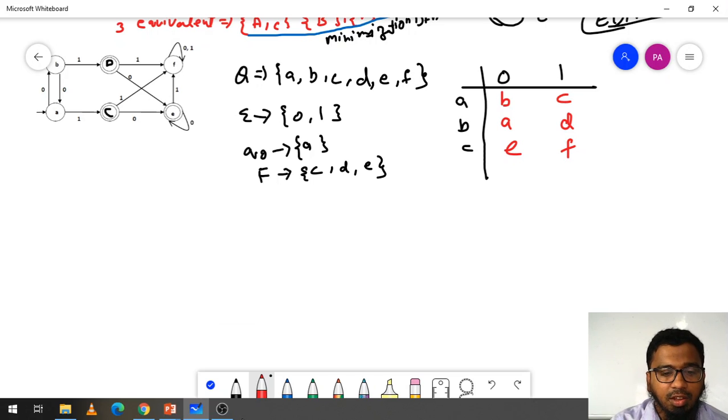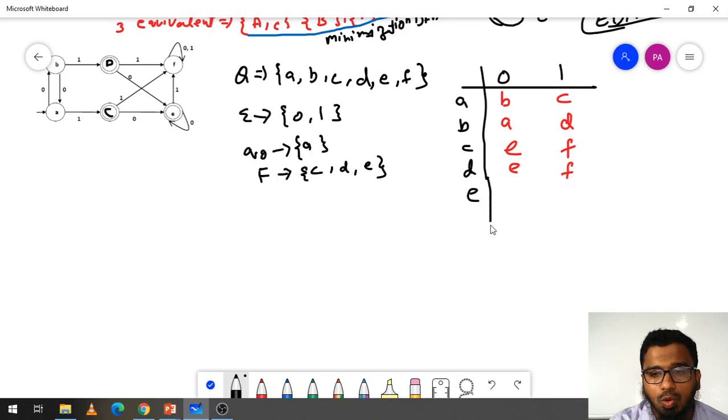And what is D? From D on 0 it goes to E, and D on 1 goes to F. Now E. E on 0 goes to itself, E. And E on 1 goes to F. Next, F. F on 0 goes to F only, and F on 1 goes to F only.